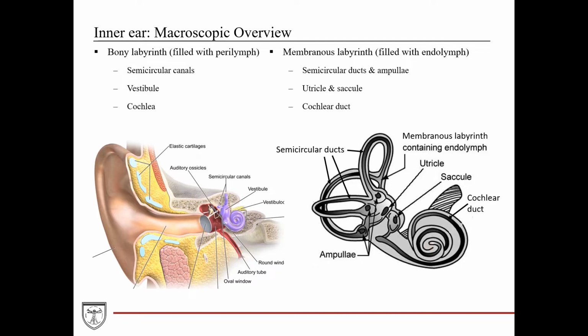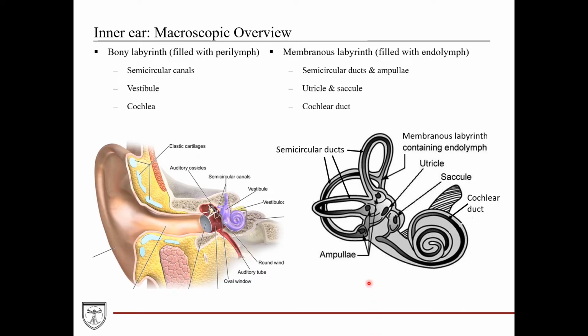And within these distinct regions of the membranous labyrinth is where the specialized sensory structures are located. Within the ampulla of each semicircular duct, we have these spots which indicate the specialized sensory structures called the cristae ampullaris. And these cristae ampullaris are specialized to sense the angular motion or position of the head.